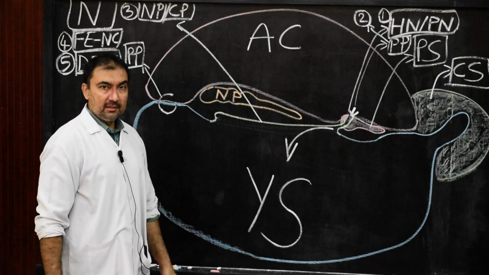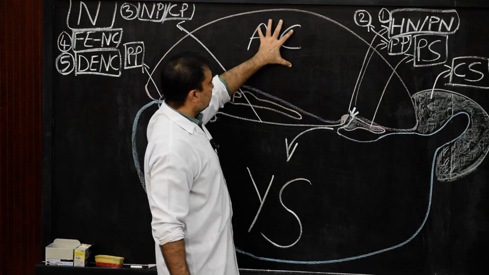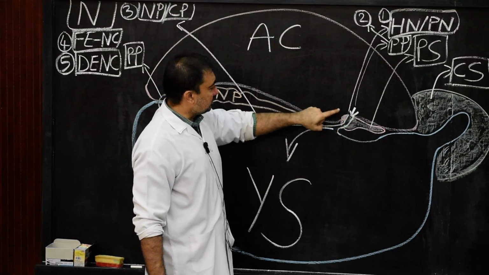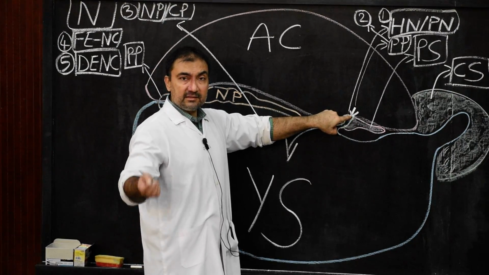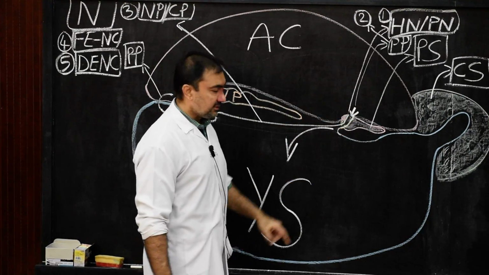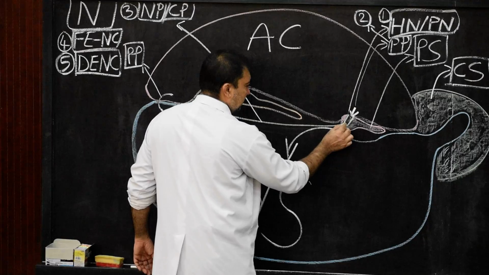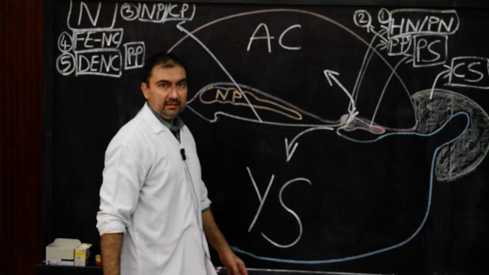Yolk sac. And the same notochordal canal will communicate superiorly with which cavity? Amniotic cavity, through this primitive pit, or in certain species it is called blastopore opening, primitive pit. So therefore from here, if I pass this arrow, it is communicating with the amniotic cavity.